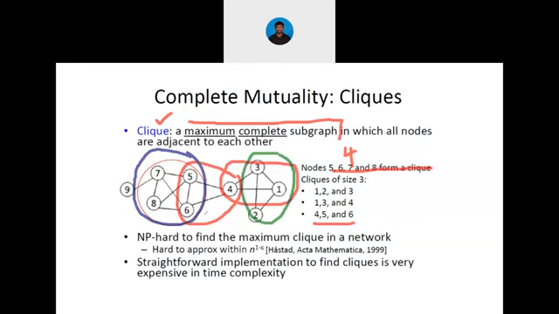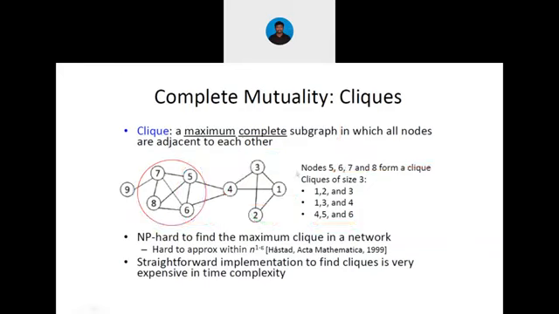We have to derive the subgraphs from the whole original graph with the help of a concept called clique. Okay, got it? So I am deriving 4 subgraphs here from this complete graph.